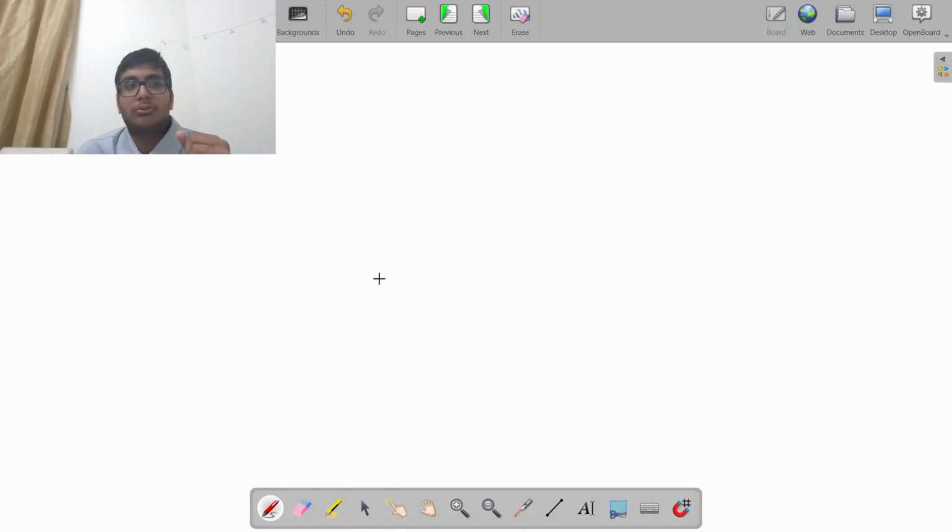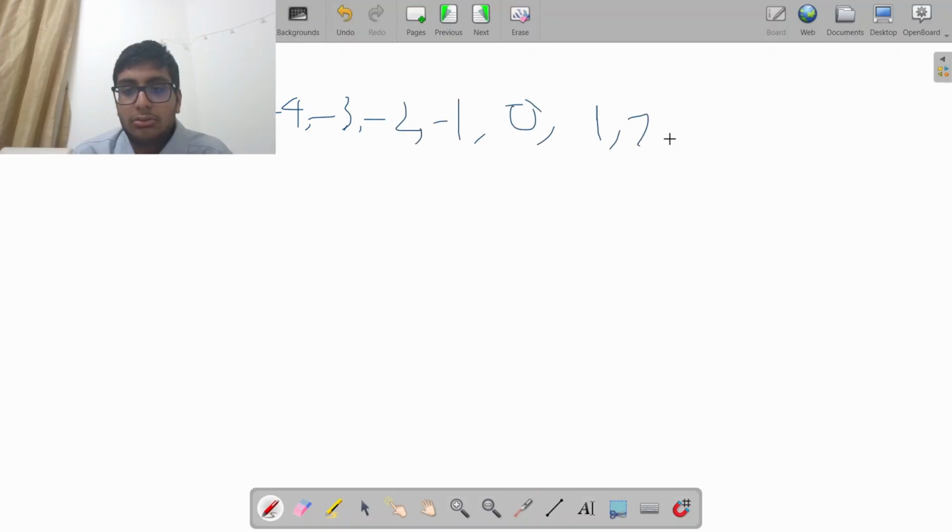But let's go for a bit more complicated example, shall we? For example, we can go from -4, -3, -2, -1, 0, 1, 2, 3, 4, 5. This is a bit easier compared to my standards, but if you know what the concept is, then this is easier for you.